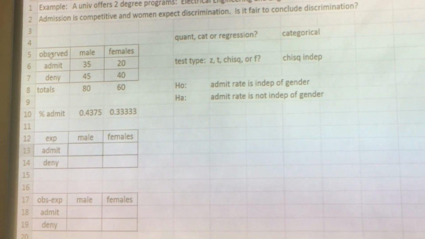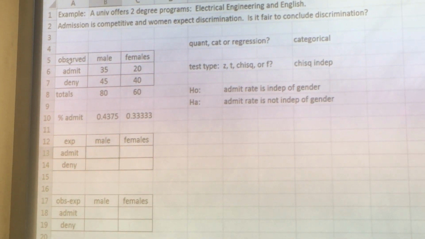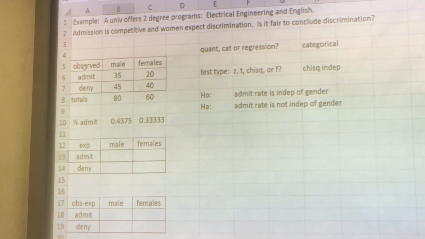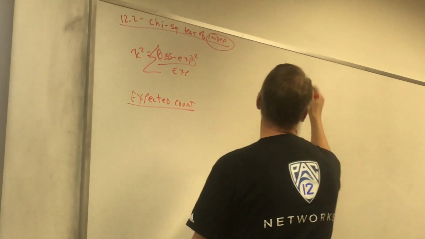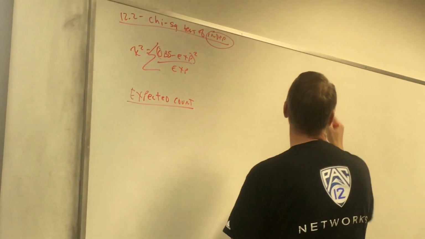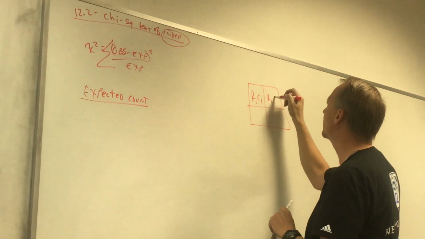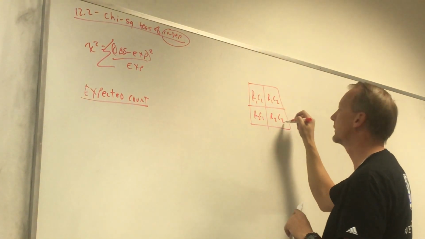This is where it gets a little tricky, and what I'm going to do is just give you the expected count for one cell. Now we've got a table here, and it just says row 1, column 1, row 1, column 2, row 2, column 1, row 2, column 2.